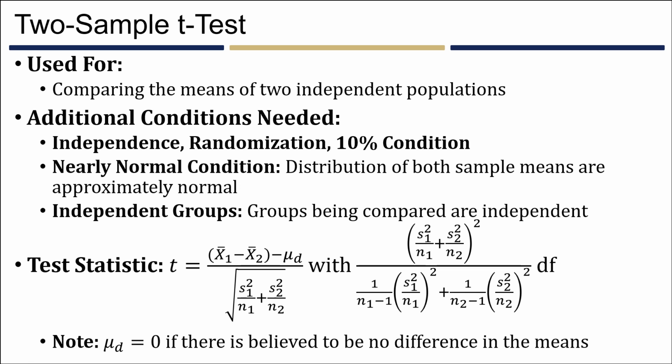Now, notice that we have a very complicated formula for calculating out the degrees of freedom. You 100% do not need to know how to calculate out the degrees of freedom using this formula. As we'll see a little bit later on, Excel is going to be able to calculate out those degrees of freedom. You simply need to understand how to calculate out this test statistic.